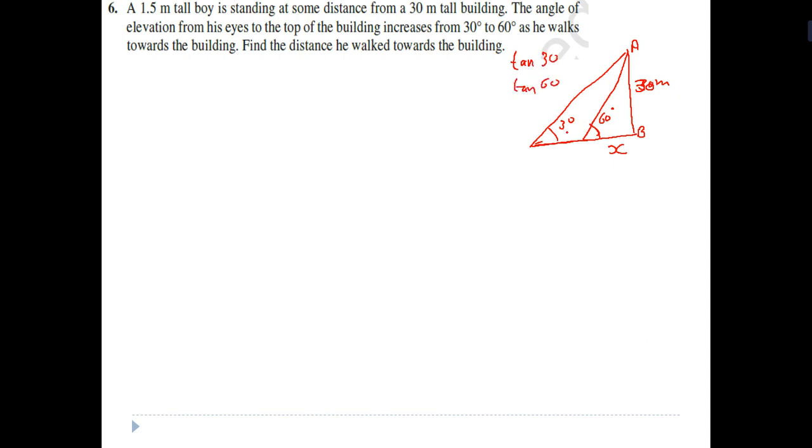With points A, B, C and D here, from tan 30 we get AB upon BC, and afterward tan 60 is equal to again AB upon BD, and then we can find it.